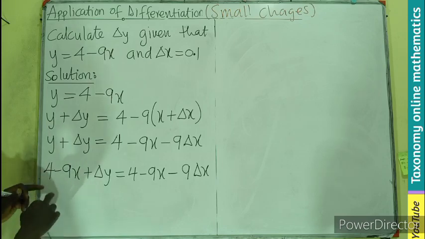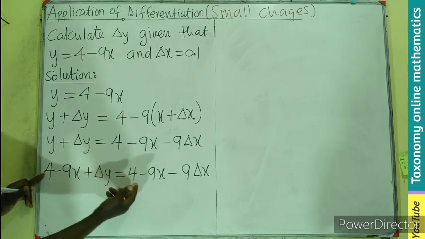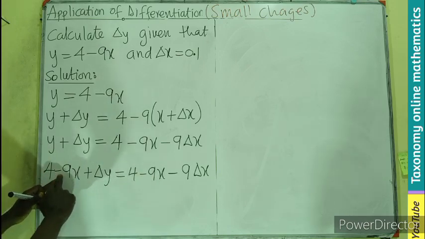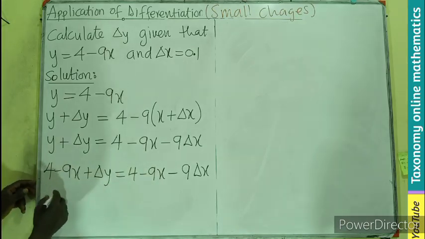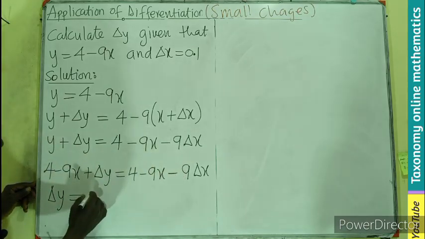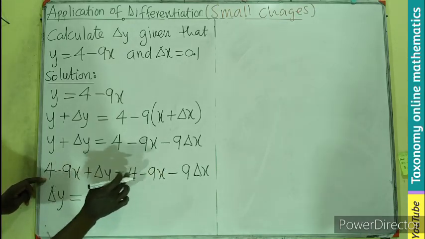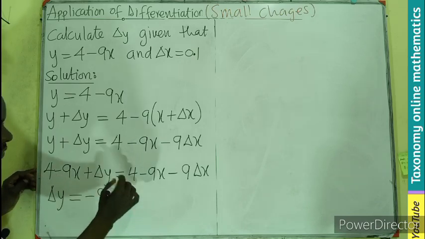You can see clearly that if you take 4 and bring this 4 there, 4 minus 4, it will be 0. Negative 9, when you bring this negative 9 it becomes positive, it will be 0. So we are left with only delta y equals minus, don't forget this is gone, this is gone, this is gone. So we have minus 9 delta x.